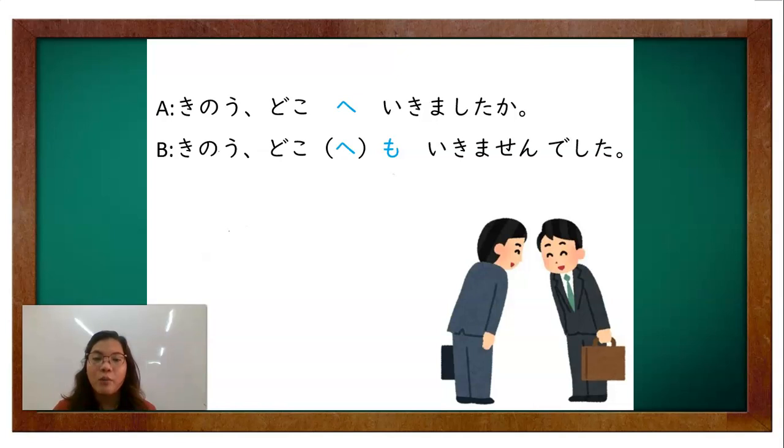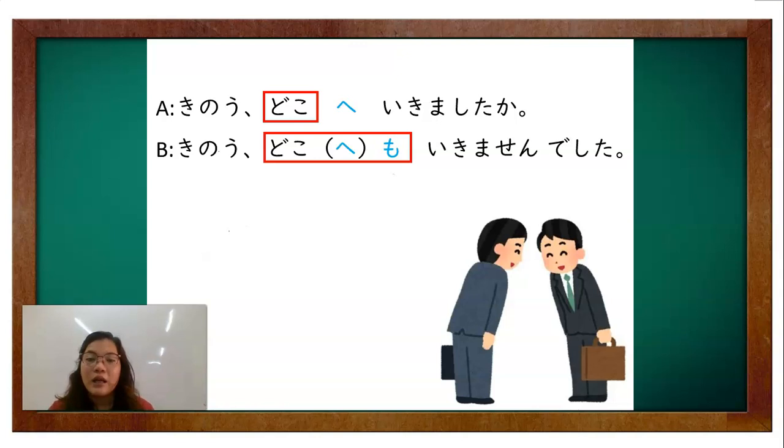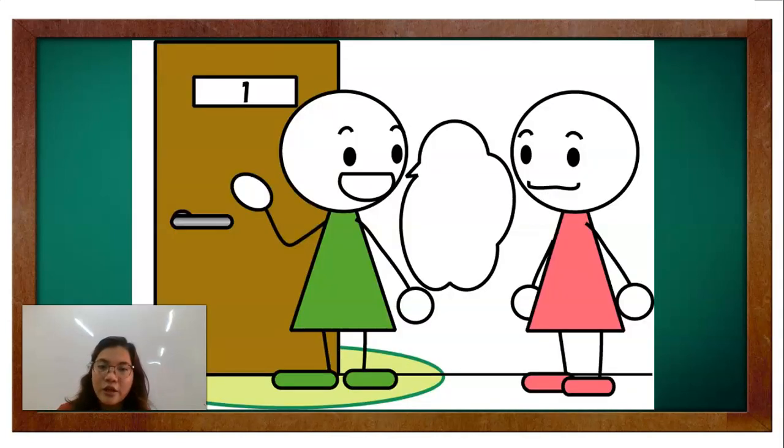Kino doko mo ikimasen deshita. That means I didn't go anywhere yesterday. So remember, doko is where, doko mo is anywhere. Okay? Another example of interrogative plus mo.